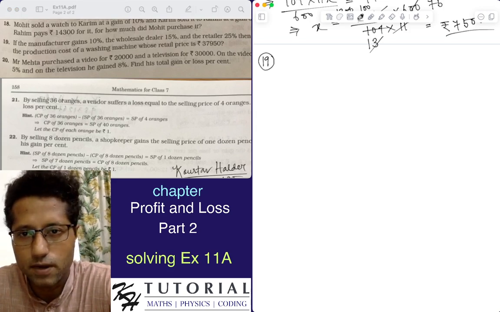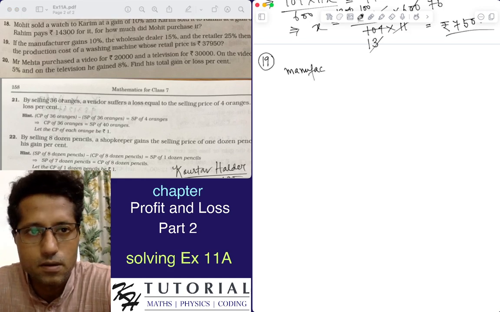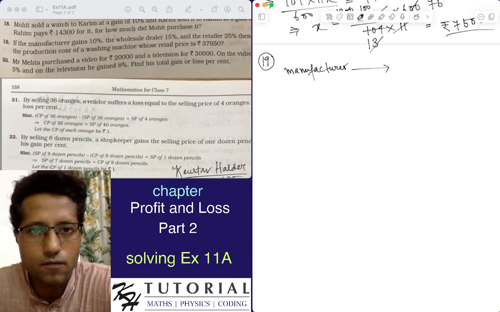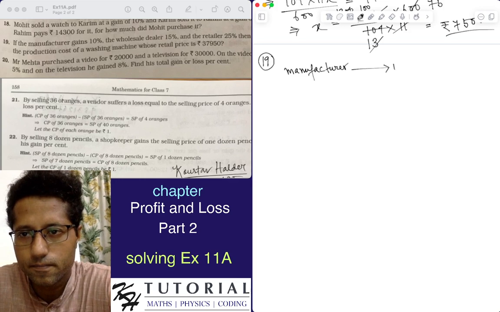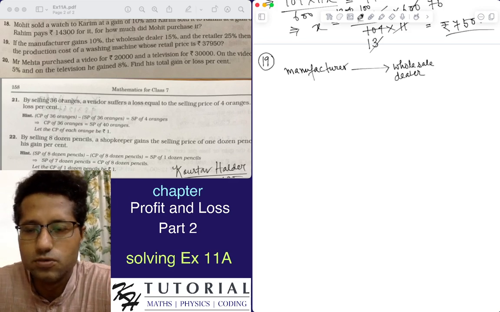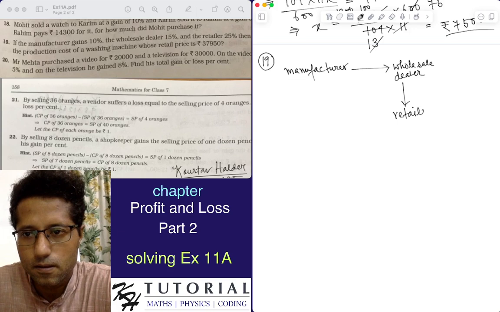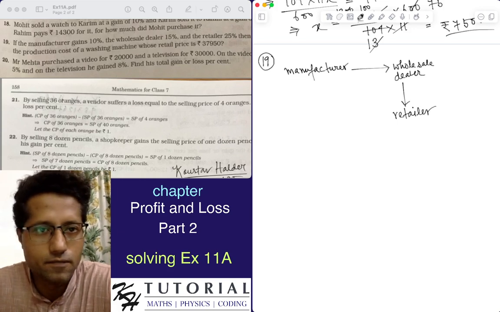So the scenario given is that the manufacturer sells the washing machine to the wholesale dealer, and the wholesale dealer sells the machine to the retailer. Now when the manufacturer sells the machine to the wholesale dealer, there is a gain.